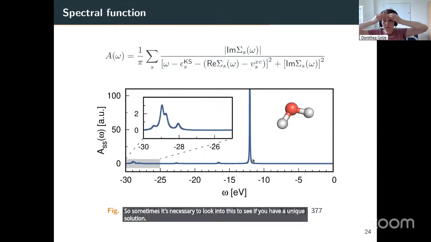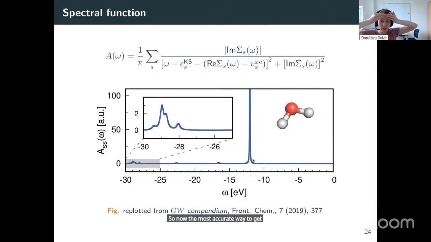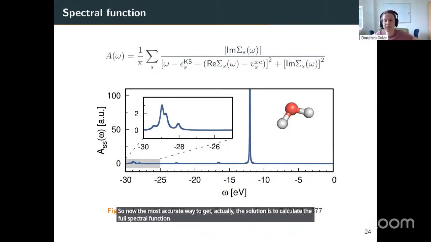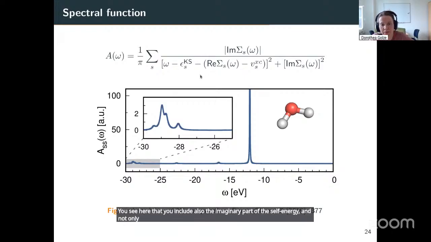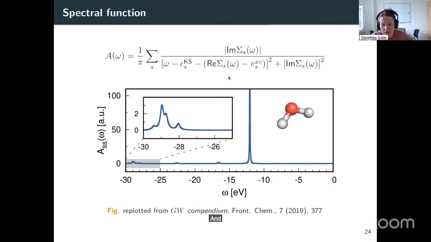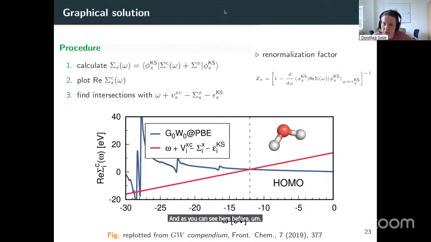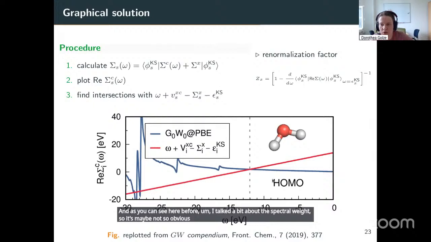Now the most accurate way to get the solution is to calculate a full spectral function, which is typically really expensive. You see here that you include also the imaginary part of the self-energy and not only the real part. Before, I talked a bit about the spectral weight. It's maybe not so obvious if you have looked at self-energies before; you directly see it.